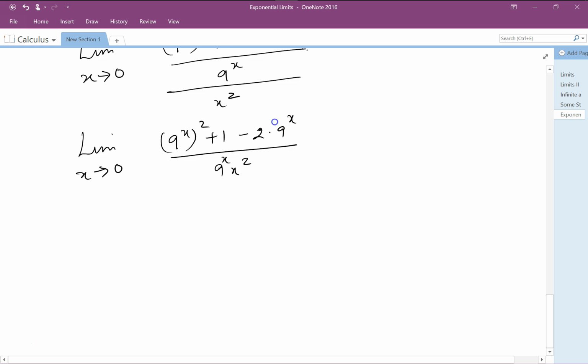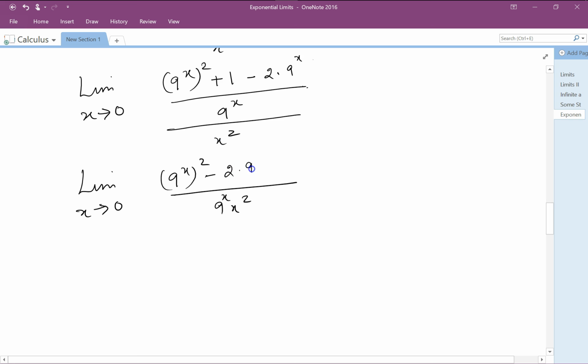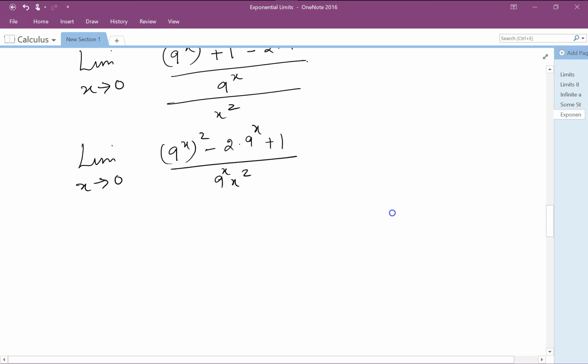And this, let's exchange the places. So minus 2 times 9 to the power of x plus 1 looks like a quadratic.